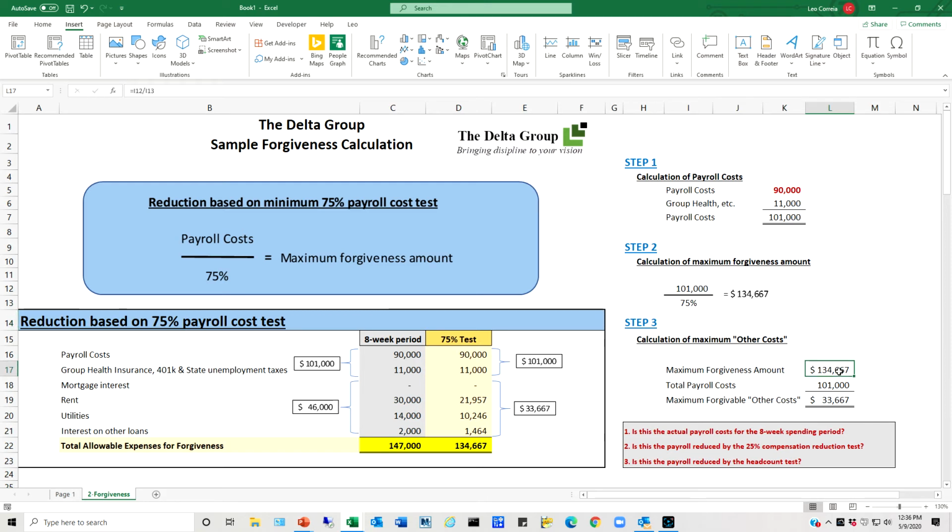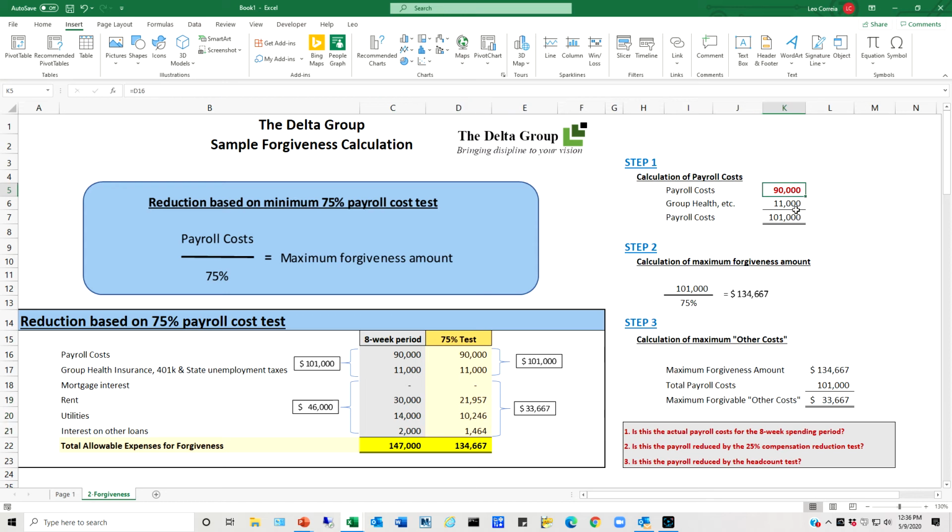Now, if we look at $134,000 as the maximum forgiveness amount, we subtract out what the payroll costs are, and the maximum forgivable other costs are $33,667. Now, all we did in our simulation tool is we allocated those amongst the allowed expenses and reduced each one proportionally.